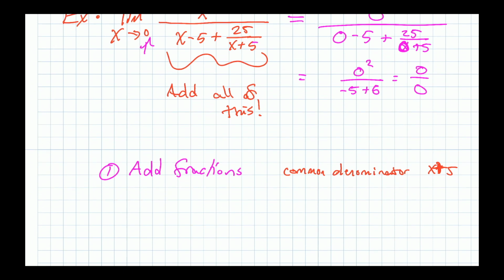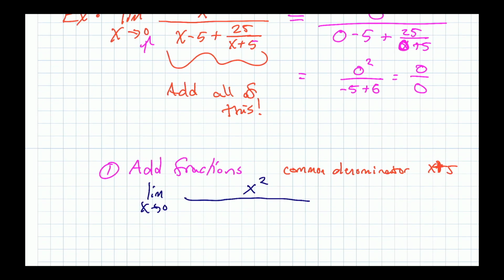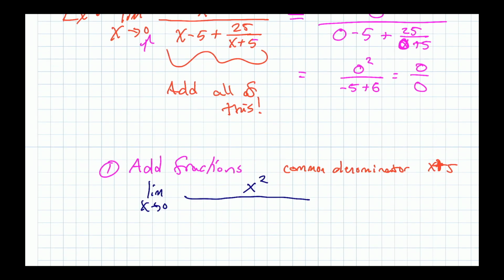So what we're going to do is limit x to 0. There's nothing to do in the numerator, so I'm just going to write it again. In the denominator, everything needs to end up x plus 5. So I've got an x, a 5, and 25 over x plus 5.